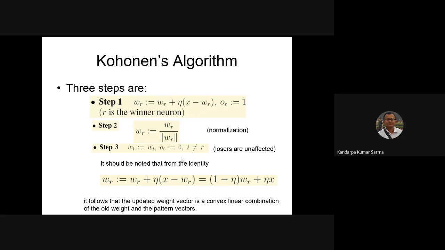Then there will be a weight normalization, and then step three will be weight regrouping, or the topology grouping, rearrangement. Then finally, once that part is done, the weights will be changing continuously.